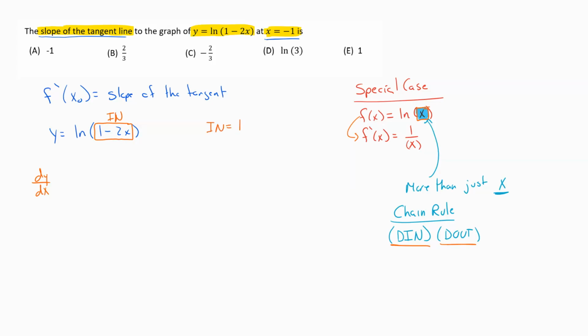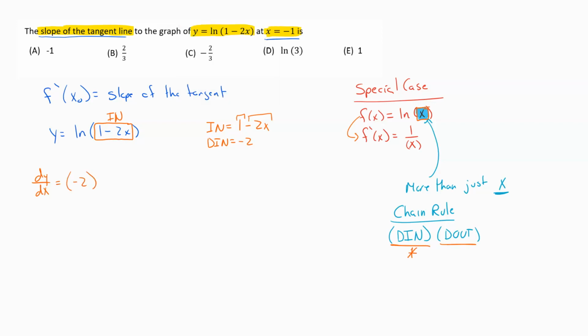If I go to find my d in, the derivative of 1, the derivative of a constant, is always 0. The derivative of negative 2x following your power rule would just be negative 2. So my d in would be negative 2.